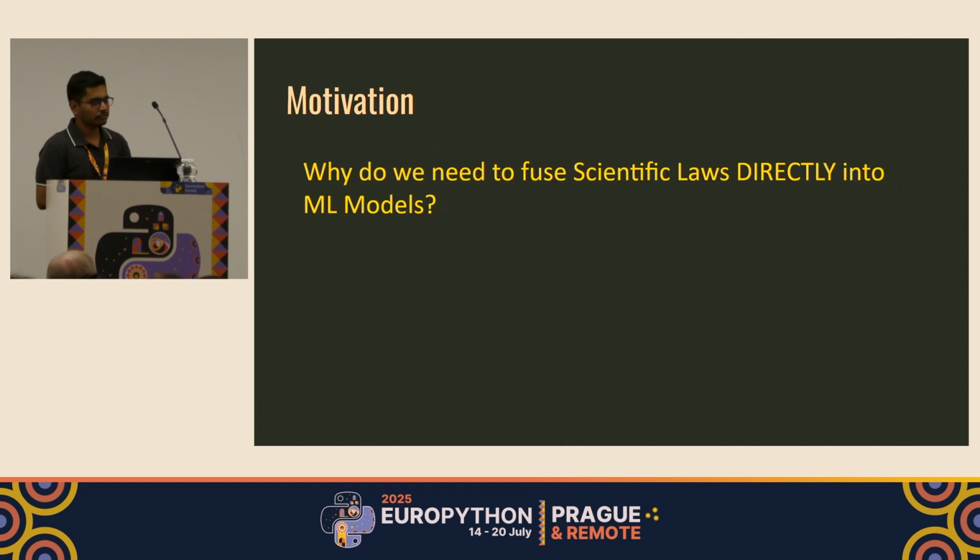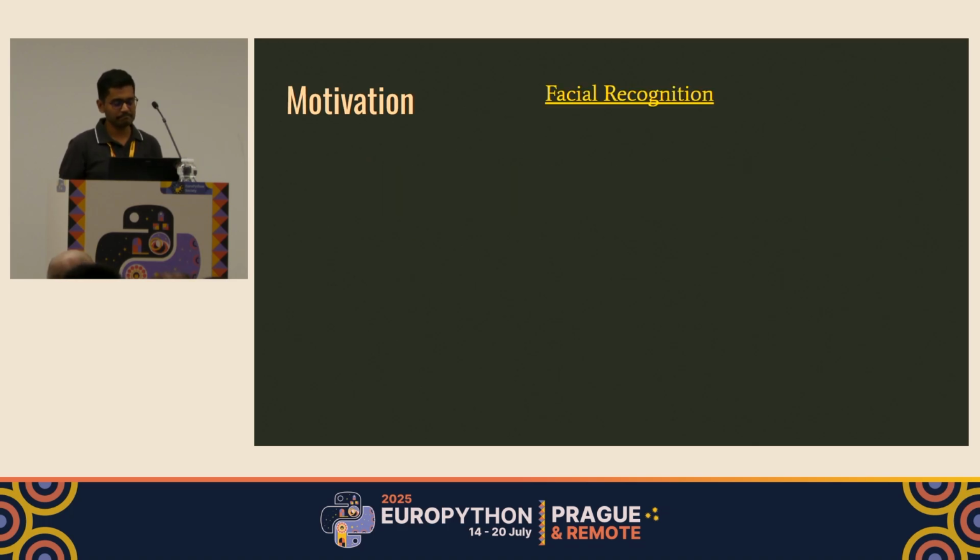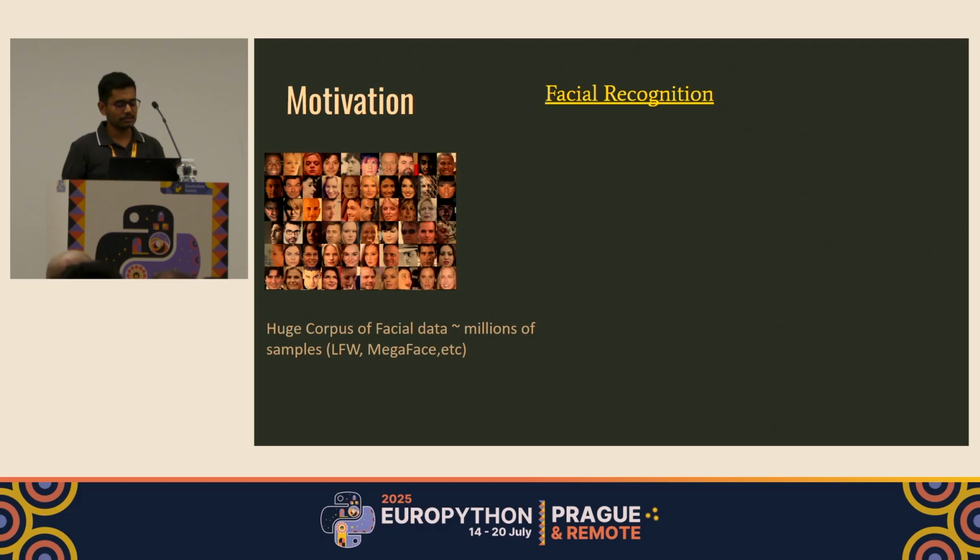So why do we need to fuse physics directly into ML models? Let's try to understand by looking at the differences between usual machine learning applications and scientific simulations. One of the most common applications of machine learning is facial recognition. In facial recognition, you have access to a huge amount of data, which has diverse faces, and the sample size is usually in millions.